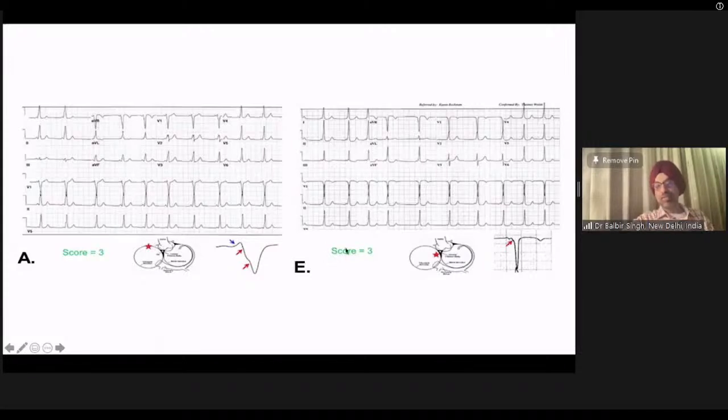So he mentions a score of 3, which means 2, 3, and aVF are positive. So the score is 3. And this is the initial complex in V1, and this is where an anteroseptal pathway lies. So knowing that, you understand that this patient has an anteroseptal pathway.